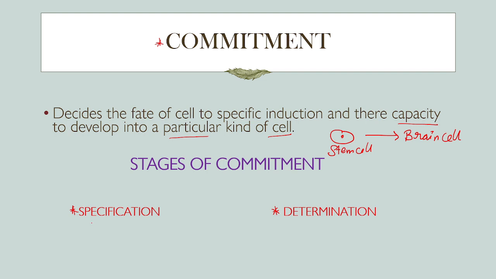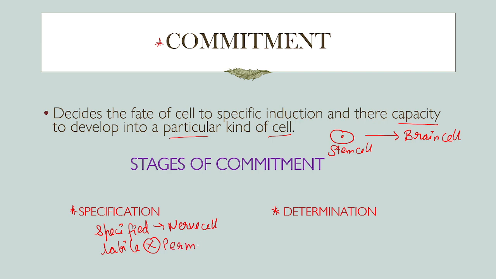So what is specification? First, the cell gets specified to become a certain kind of cell, say for example a nerve cell. But this particular stage, specification, is a labile stage. Labile stage means it's not permanent.